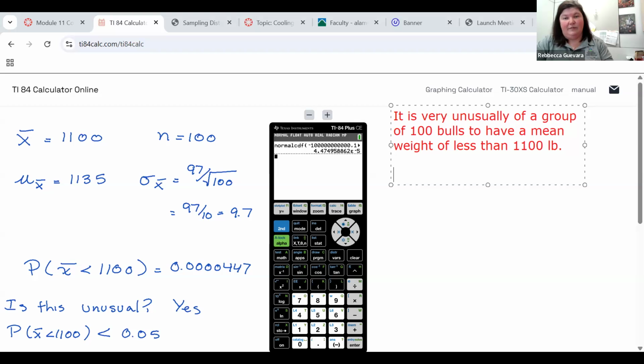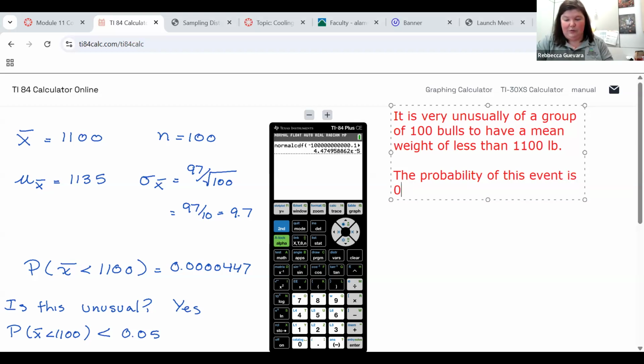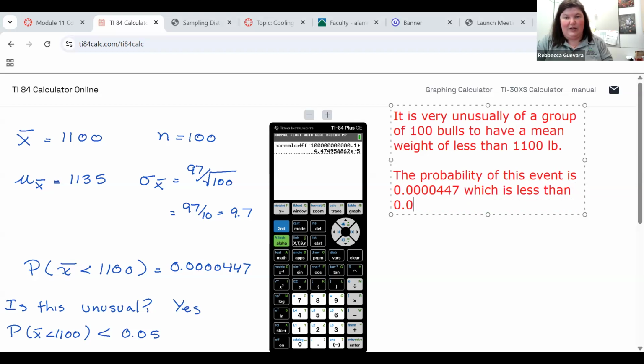The probability of this event is 0.000447, which is less than 0.05 or 5%. Anything that has less than a 5% chance of occurring is when we start considering it kind of unusual.